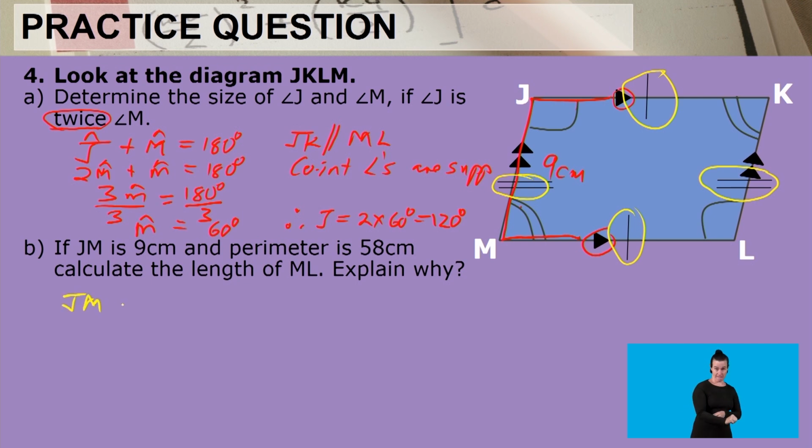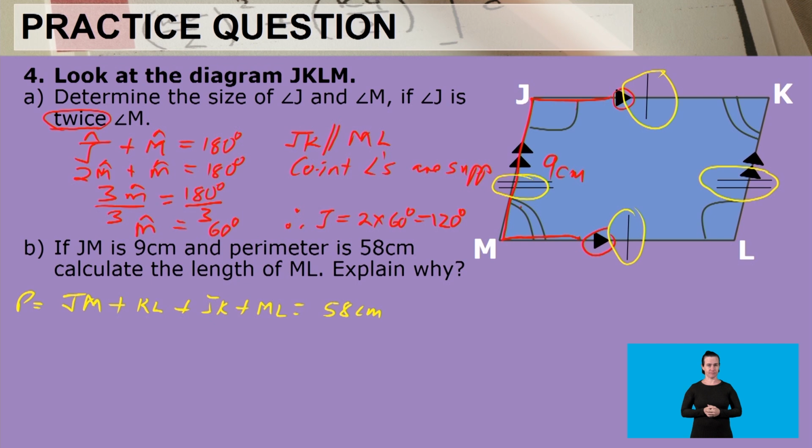JM plus KL plus JK plus ML equals 58 centimeters, because that is the perimeter. So perimeter is the distance around the object, so when we add all those 4 distances, we then need to get 58.